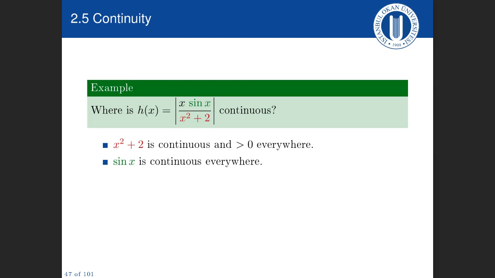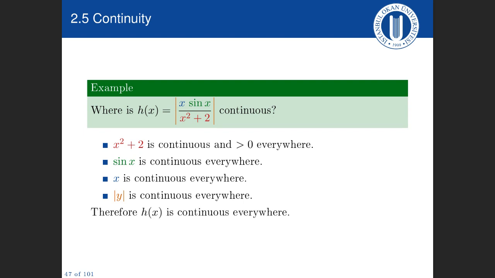Sine x is continuous everywhere. I have an x. X is continuous everywhere. And I also have an absolute value function, but absolute value function is continuous everywhere. Combine them together, we have a function which is continuous everywhere.